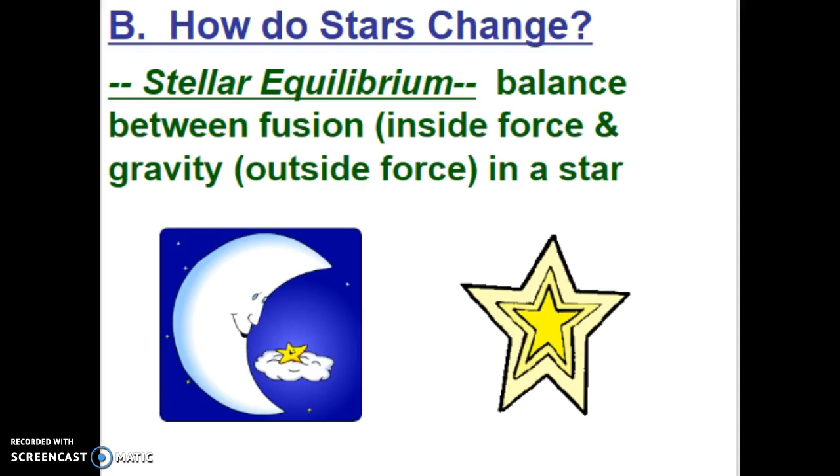Fusion works from the inside and pushes the star out, whereas gravity works from the outside and wants to push the star in.